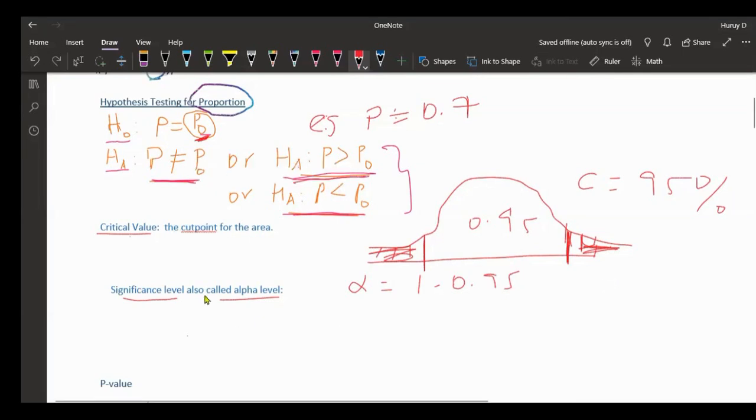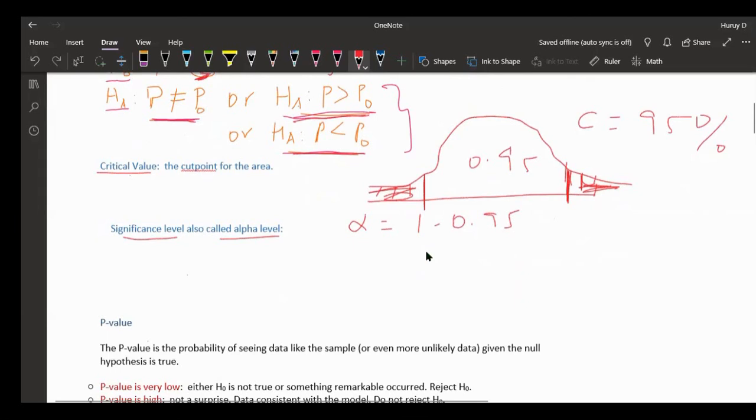So the significance level, if we come to this point, let me bring it here. The significance level is just alpha equals 1 minus 0.95. Let me use, just to make it general, 1 minus C, where C is the confidence level.